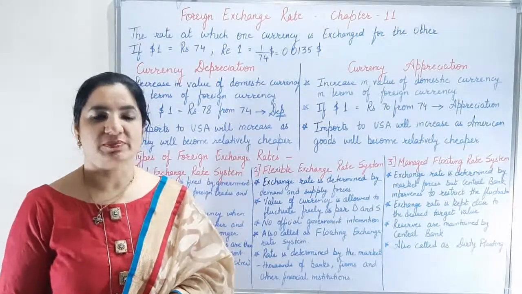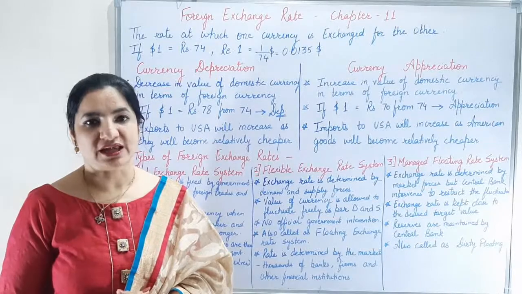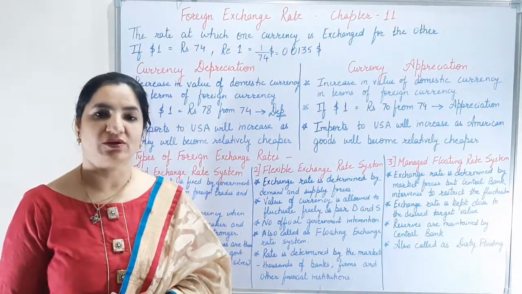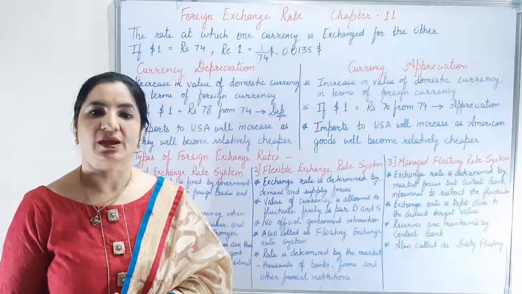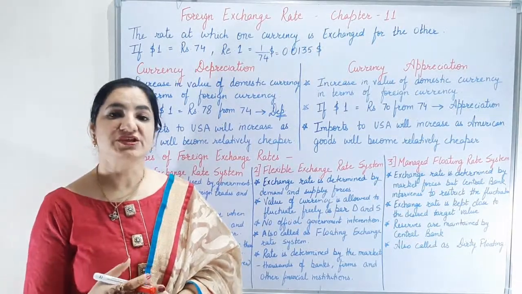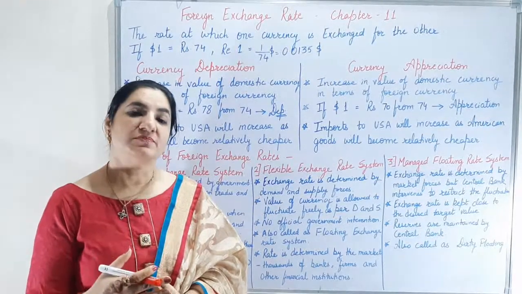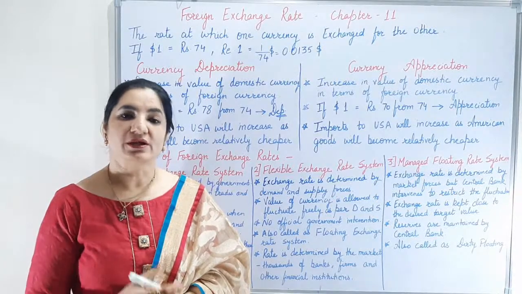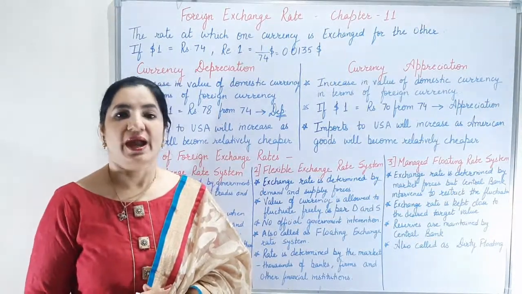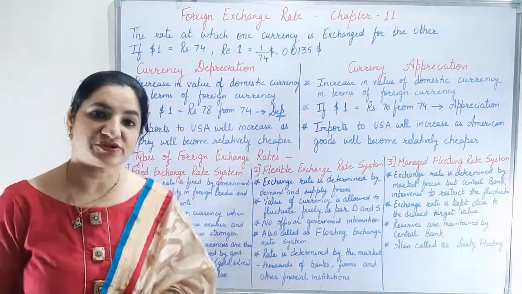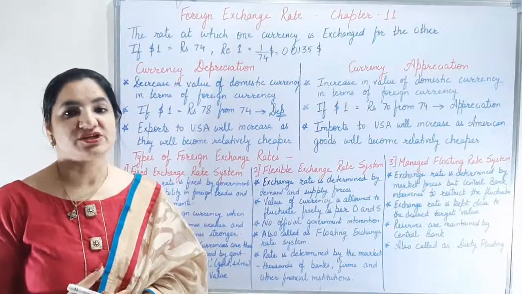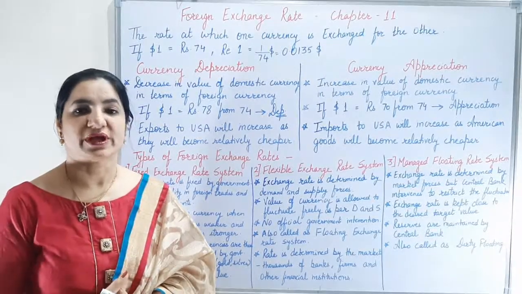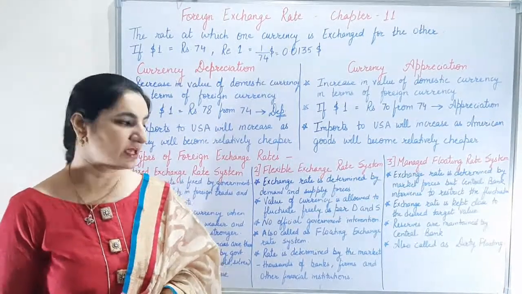This is possible by purchasing and selling of foreign currency reserves which are maintained by the government for this purpose only. When the exchange rate becomes stronger, the government sells foreign currency in the market to control the exchange rate, and when the exchange rate becomes weaker, foreign currency reserves are purchased so that the value of the currency can be maintained.